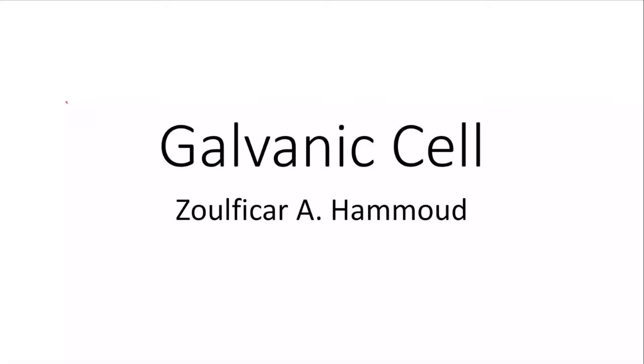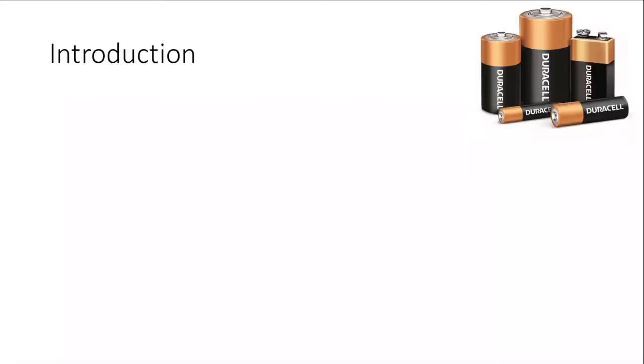In this video we will talk about the galvanic cell, and we will proceed with the material of electrochemistry. As a brief introduction, as we've mentioned in the previous videos, we talked about the oxidation half reaction and the reduction half reaction. They are both half reactions because together they form the redox reaction.